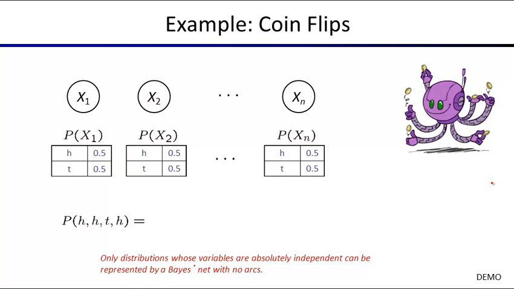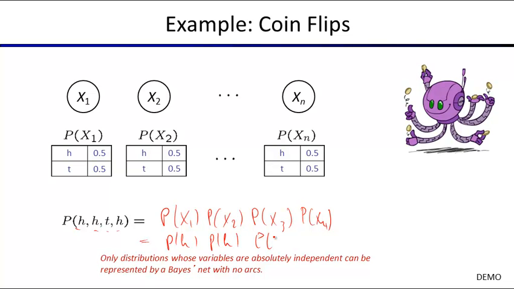Example, coin flips. We now know how everything works. What's a probability distribution? Here, the joint distribution entry for HHTH. Straightforward. Just multiply the separate CPT entries together to get the joint. In this case, it looks like that, where here we have H, H, T, H. This will work out to be 0.5 to the 4.